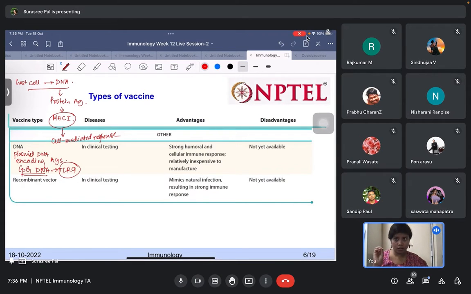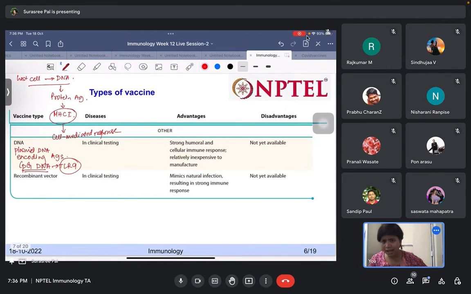Also, a very important thing is that it can strongly induce humoral and cellular immune responses. And since it is a plasmid DNA, it is very easy to store. It does not require very low temperatures for storage, and it can be easily transported. So these are the several advantages of a DNA vaccine.